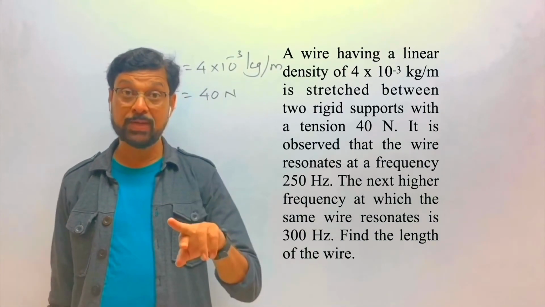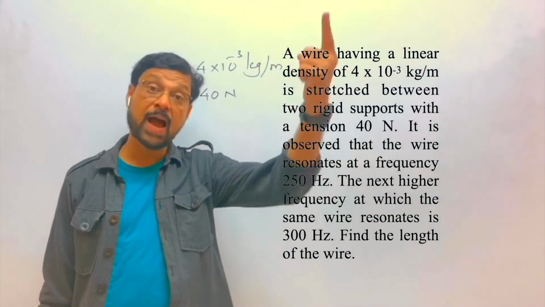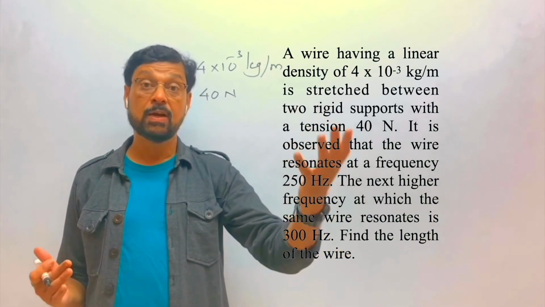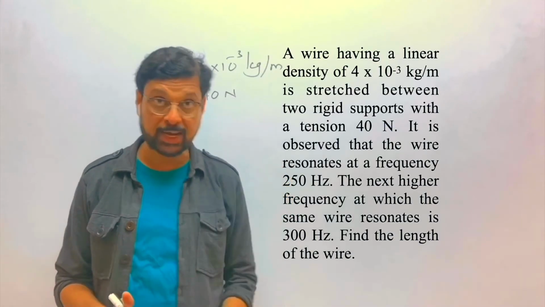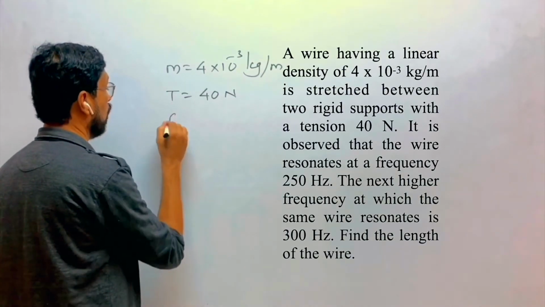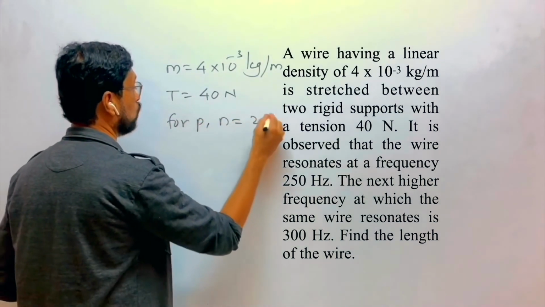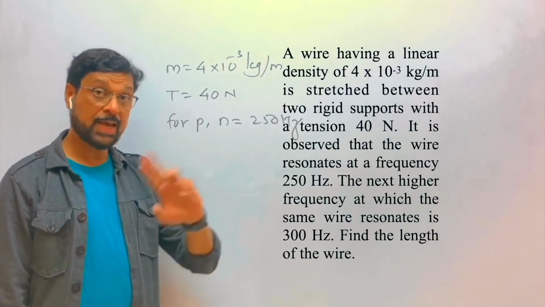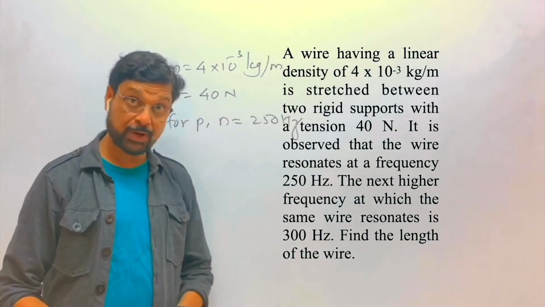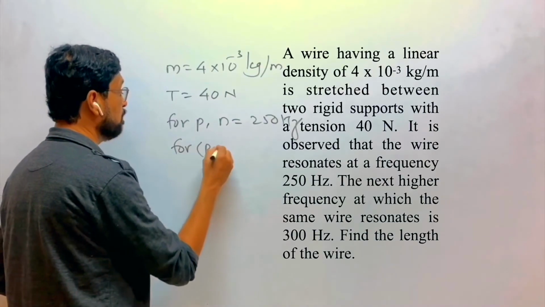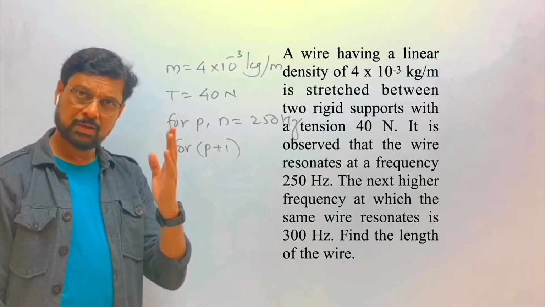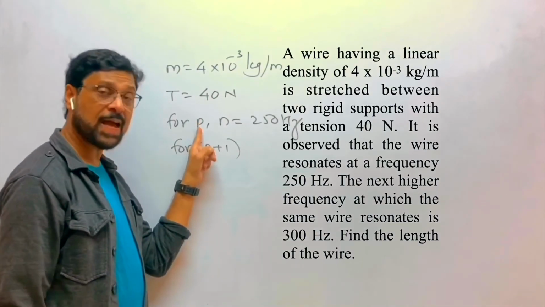मतलब वायर की एक फ्रीक्वेंसी है 250 हर्ट्ज और उससे हायर फ्रीक्वेंसी है 300 हर्ट्ज। अब वो कौन सी फ्रीक्वेंसी है हमको मालूम नहीं, we don't know which harmonic it is. तो हम बोलेंगे कि वो पीथ हार्मोनिक है, मींस फ्रीक्वेंसी ऑफ पीथ हार्मोनिक। सो फॉर P, n इज इक्वल टू 250 हर्ट्ज। और उससे अगली फ्रीक्वेंसी मतलब फॉर P+1 हार्मोनिक। थर्ड हार्मोनिक के बाद में क्या आएगा? फोर्थ हार्मोनिक। फोर्थ हार्मोनिक के बाद में क्या आएगा? फिफ्थ हार्मोनिक। P नंबर के हार्मोनिक के बाद क्या आएगा?